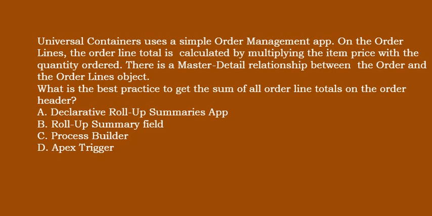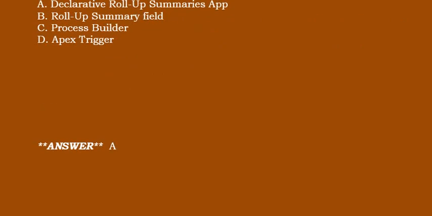What is the best practice to get the sum of all order line totals on the order header? Option A. Declarative roll-up summaries app. Option B. Roll-up summary field. Option C. Process builder. Option D. Apex trigger. Correct answer is option A.